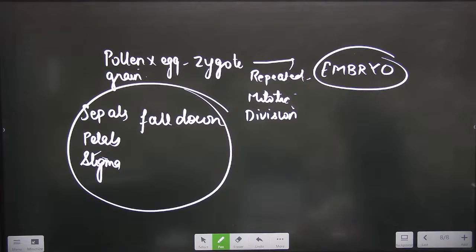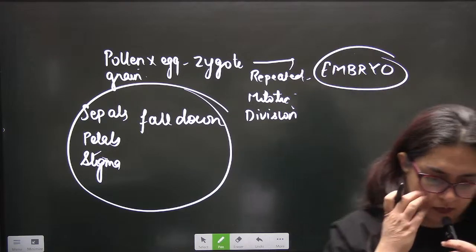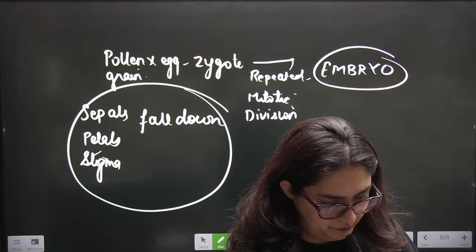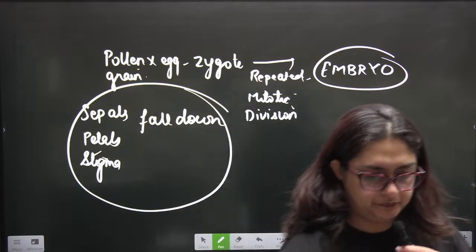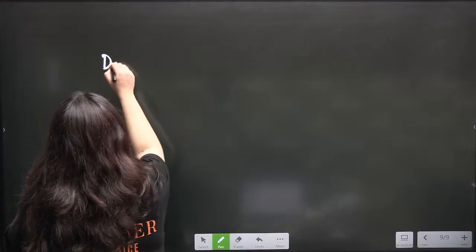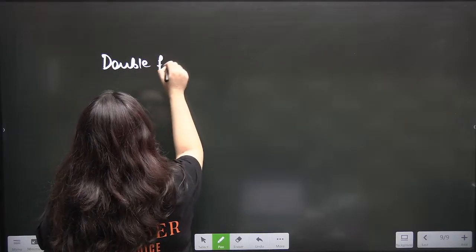Now, in the case of flowering plants, double fertilization also takes place.